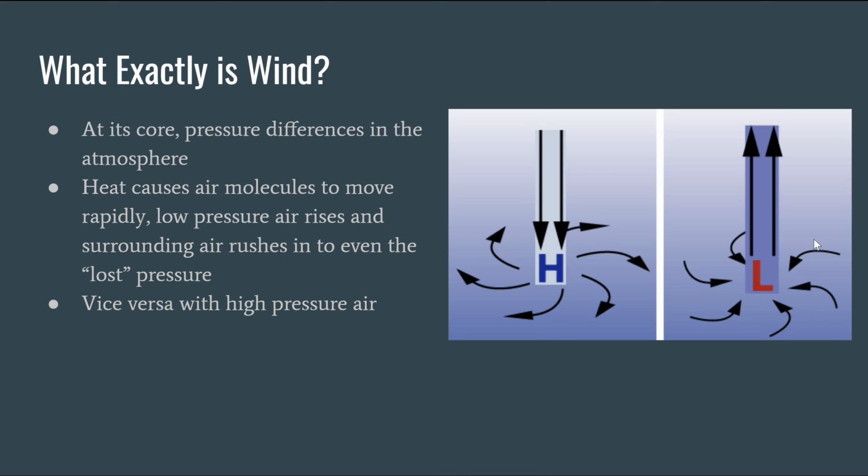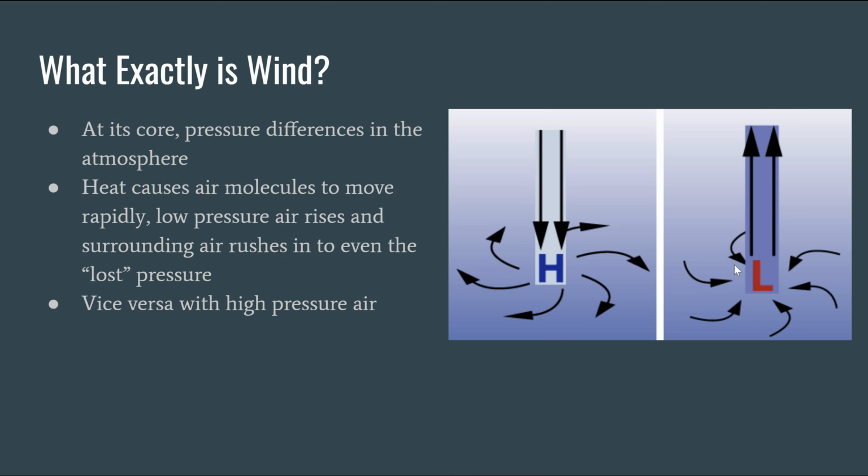In turn, air from surrounding areas rushes in to fill that void. These arrows represent air that's coming in to even out the lower air pressure here. So essentially, this movement creates wind.